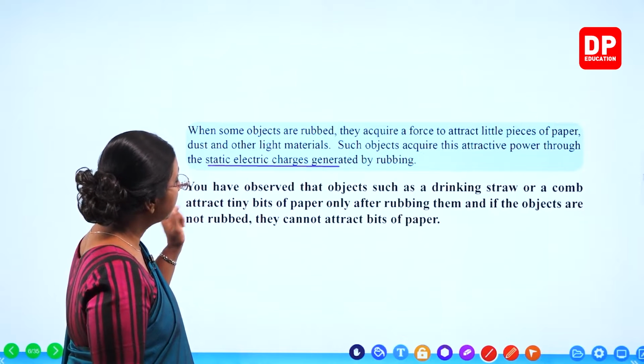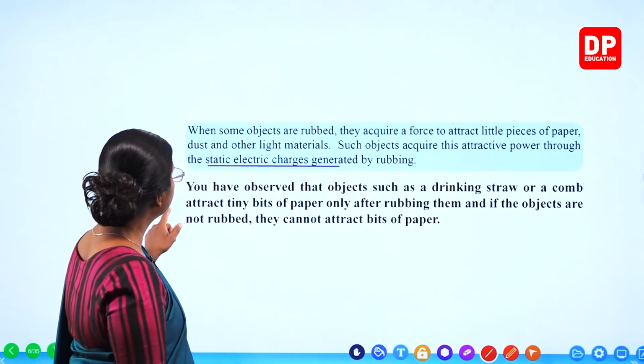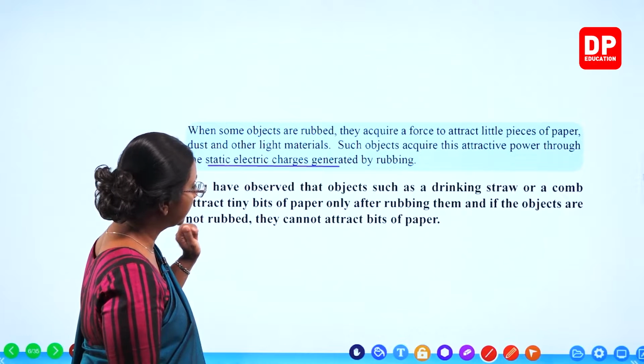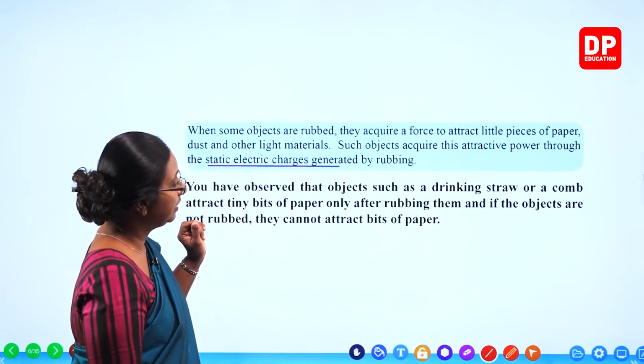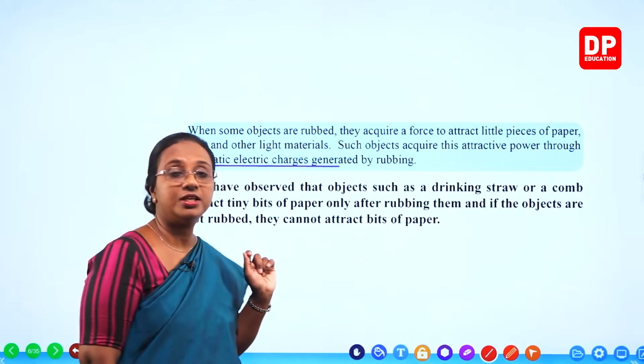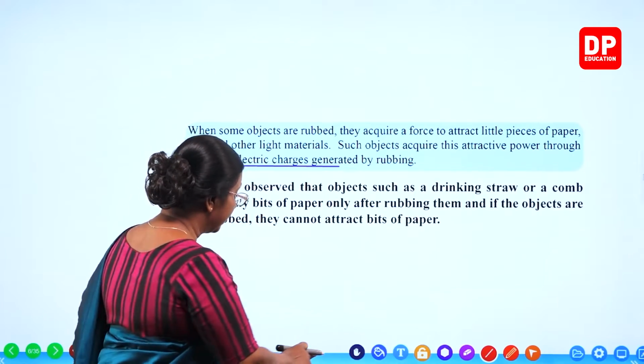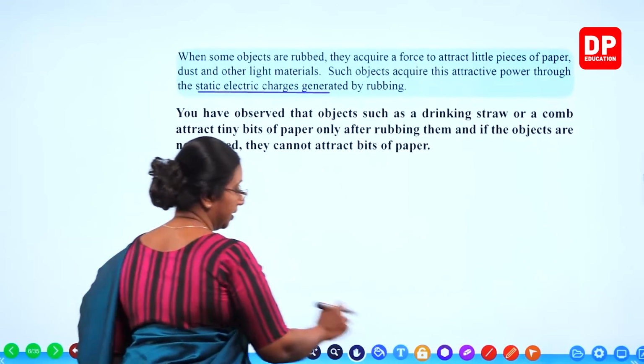You have observed that objects such as a drinking straw or a comb attract tiny bits of paper only after rubbing them, and if the objects are not rubbed, they cannot attract bits of paper. So I will explain this concept to you all.